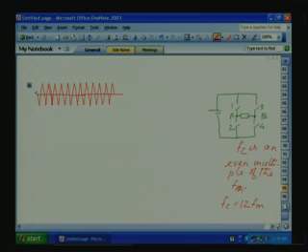So we will use the sine wave like this. This is our modulating wave for pole A. Then pole B will be exactly 180 degree phase shifted.